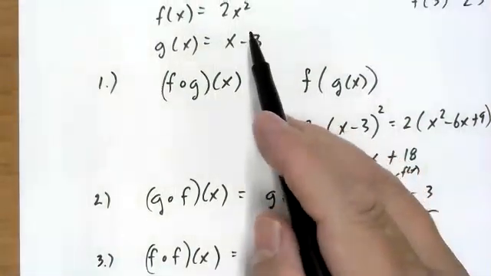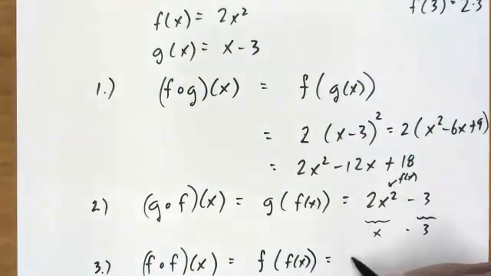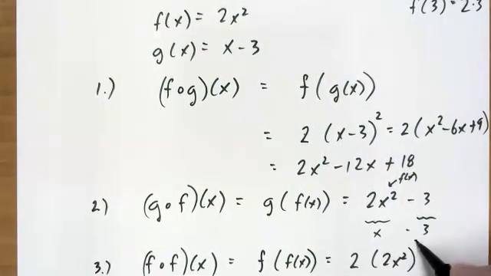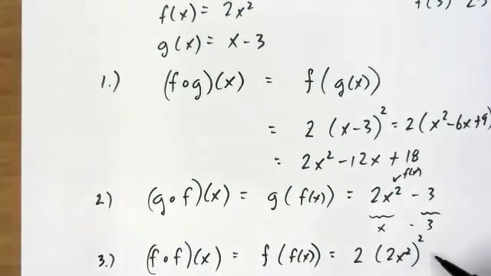The f function is 2x squared. So 2 and x squared, but I'm going to replace x with the f function, which is 2x squared. Right? Hopefully this makes sense to you.